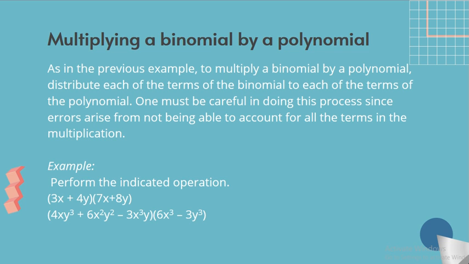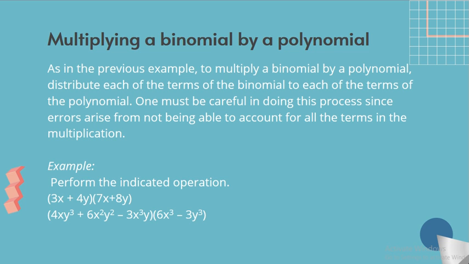So number 2, the quantity of 4x y cube plus 6x squared y squared minus 3x cube y multiplied to the quantity of 6x cube minus 3y cube. Okay, so we have here a trinomial and a binomial. Again, we will just distribute each term.